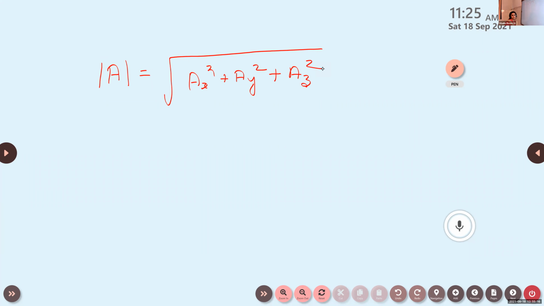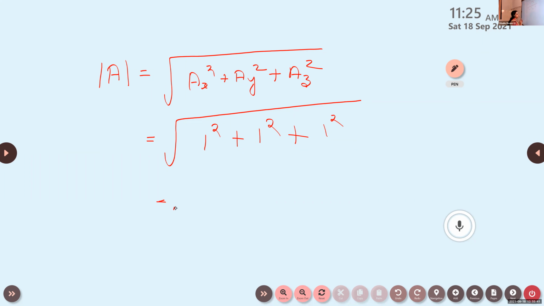If it is in 3 dimensions, we have to consider the az also. So the equation becomes root of ax square plus ay square plus az square. Here we have ax, the component along the x direction, is 1 square, plus the component along the y direction is 1 square, plus the component along the z direction is 1 square.